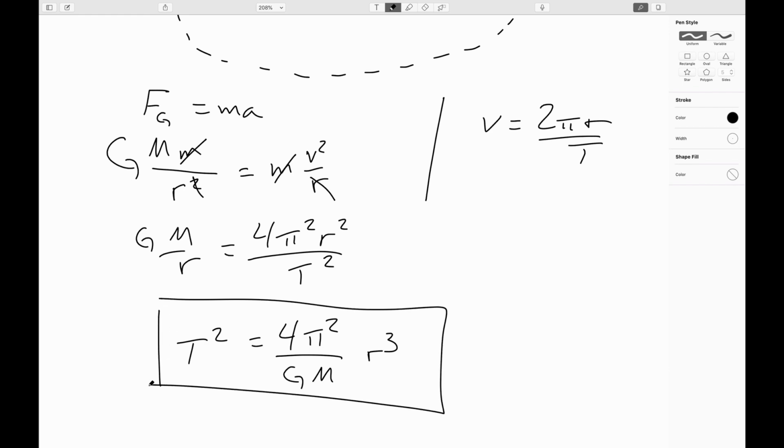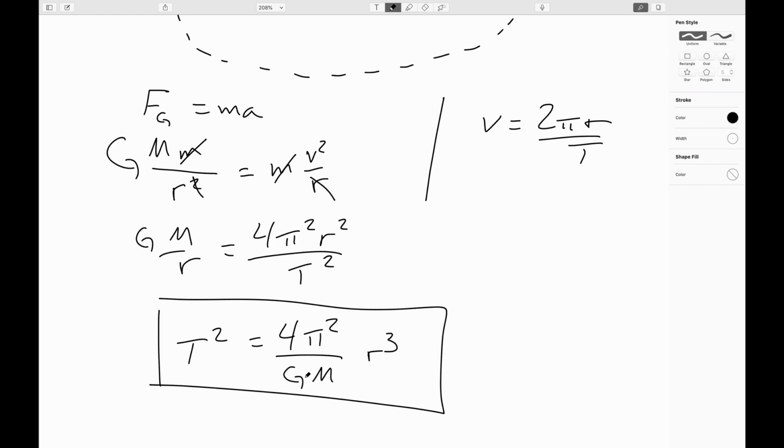And there you go. So what we get is that the square of the orbital period is indeed proportional to the cube of the orbital radius. And the proportionality constant goes inversely as the thing you're orbiting.